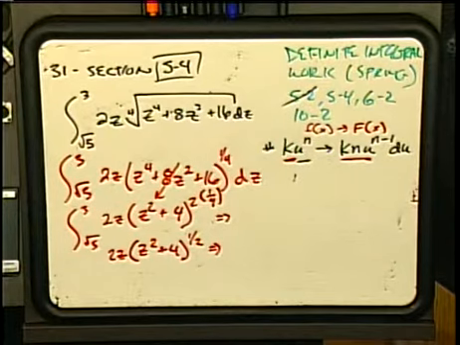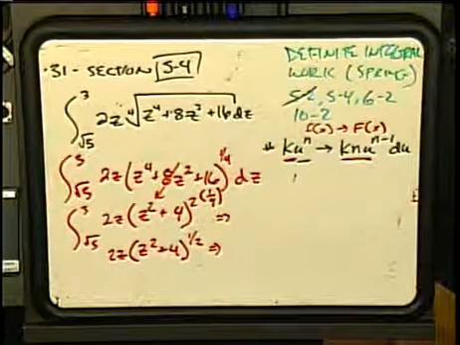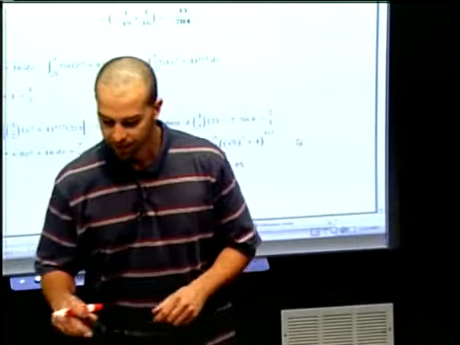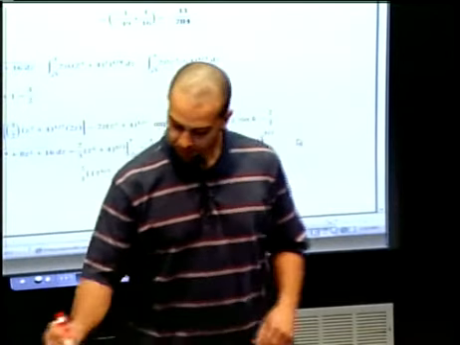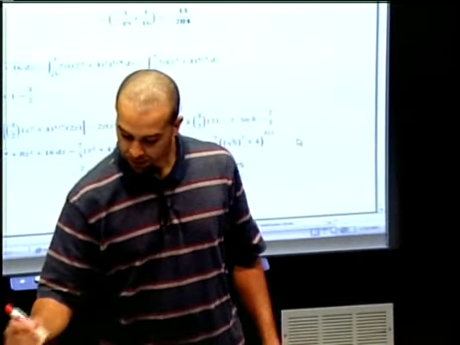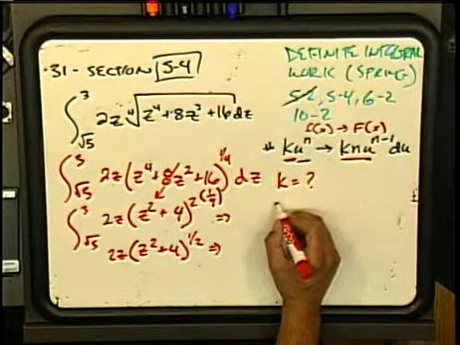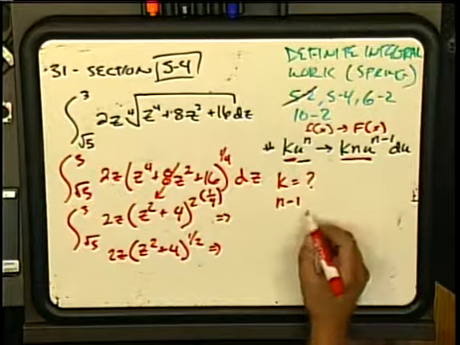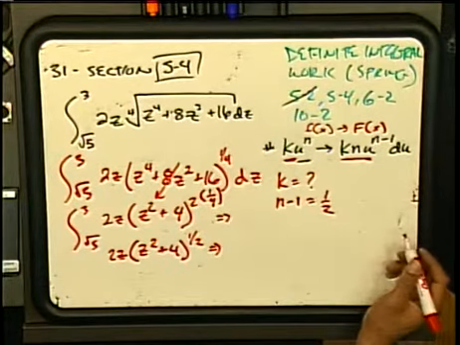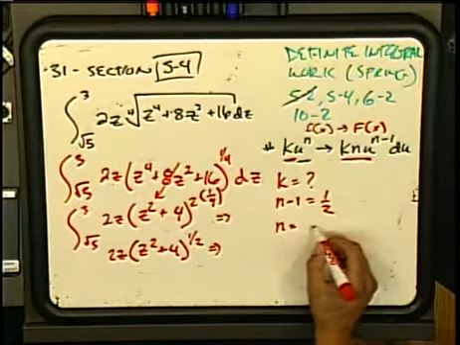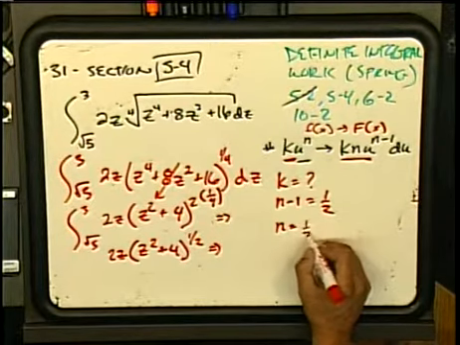And now take the antiderivative. So u is z squared plus 4, u prime, looking for 2z. K. They give you n minus 1 equals 1/2, so n equals 3/2.